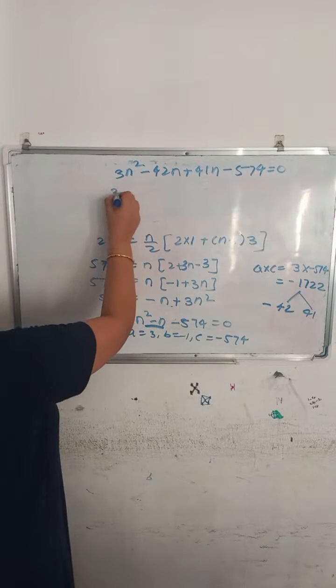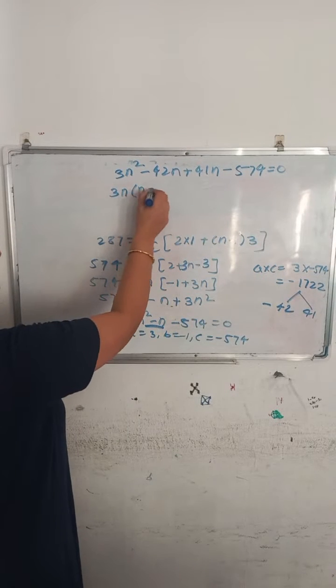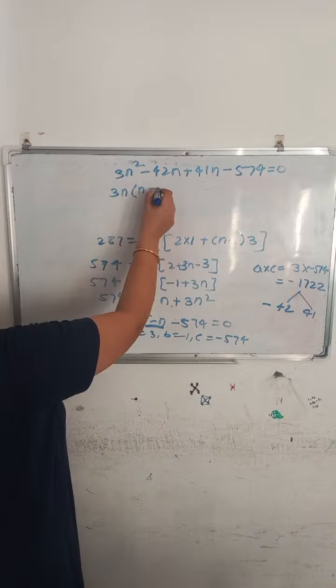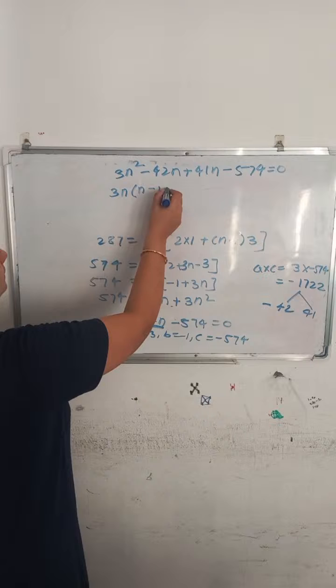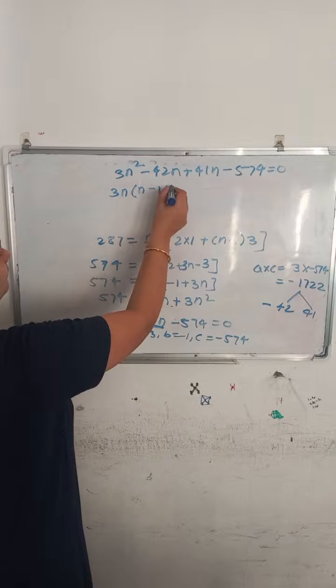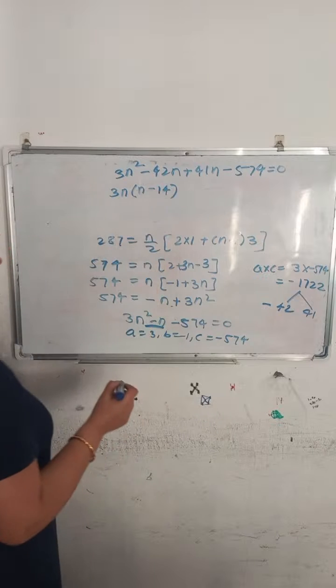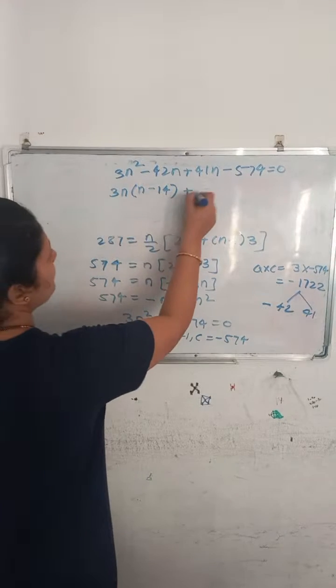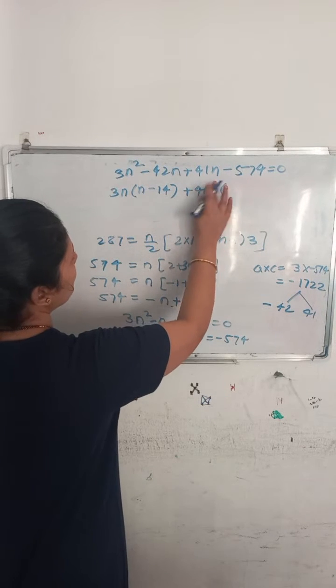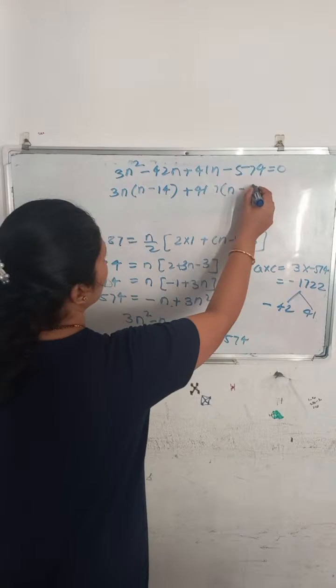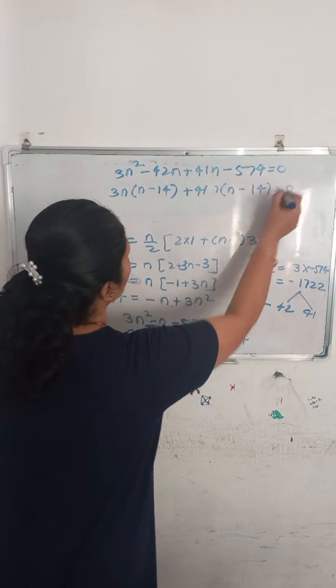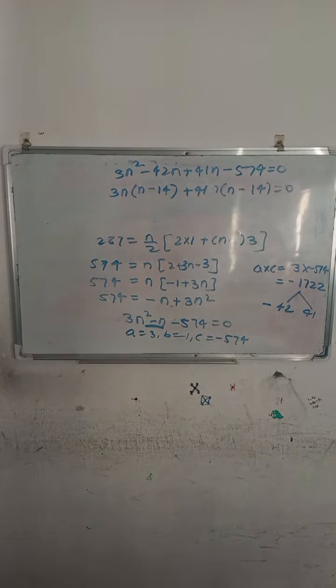If I take 3 common and n common here, n minus 14, plus if I take 41 common here, then inside the bracket n minus 14 is equal to 0. Okay.